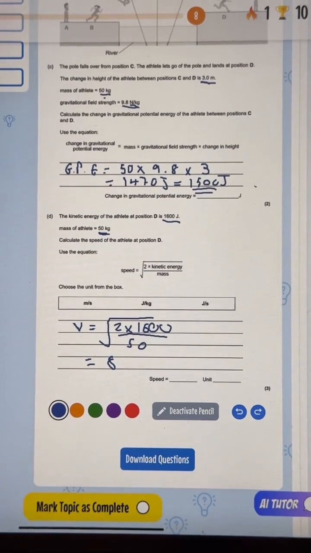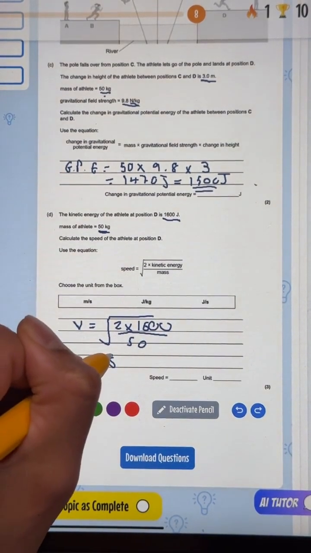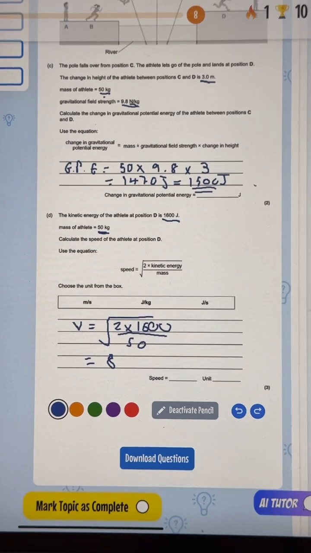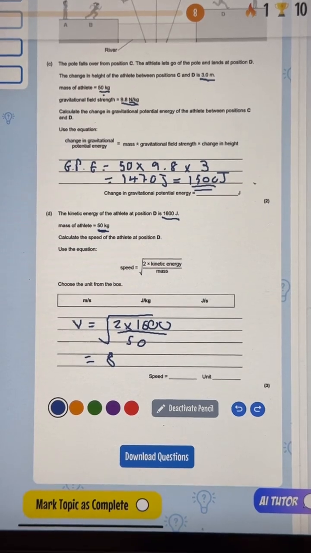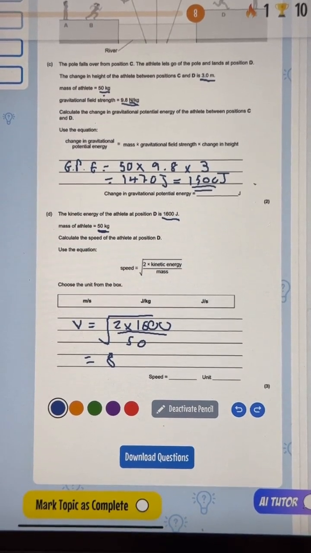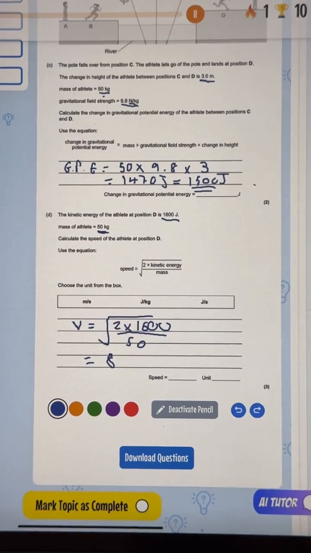Now for speed, what would the unit for speed be? Anyone in the chat? Mimi, good? 8. Can you tell me the units as well? Alfie, good to hear. Nice to see that it's helping you. Hopefully it continues that way.